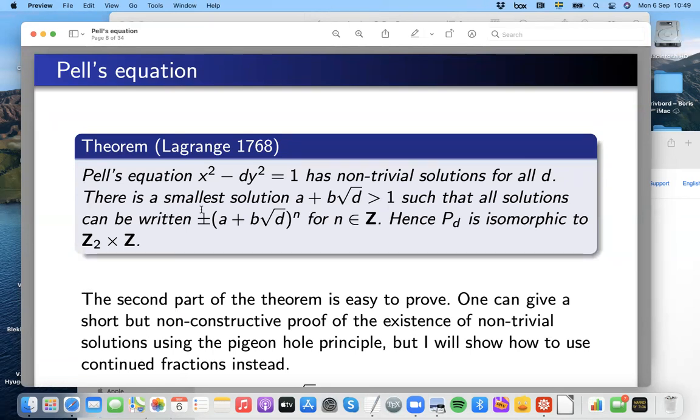So the first one would be called xn and the other one would be called yn. And xn comma yn will solve our equation. And we can also put a plus or minus sign in front here.